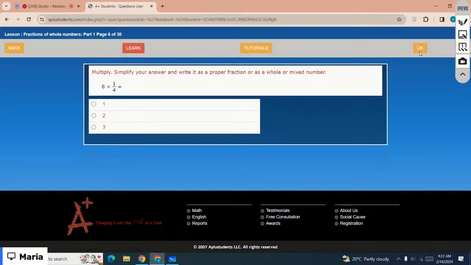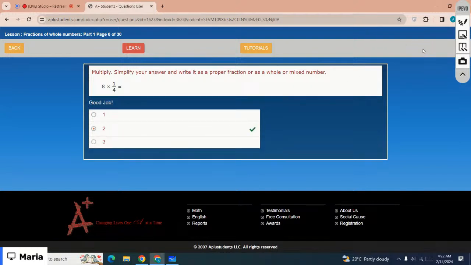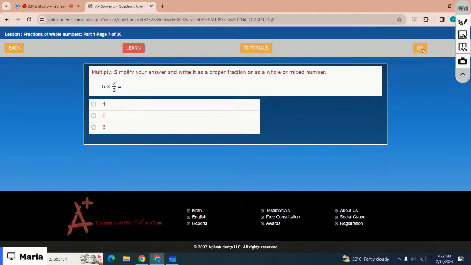Yes, 8 times 1 is 8 and 8 divided by 4 is 2. The correct option is 2. Is there any question related to the lesson? Should I move on to the next one?